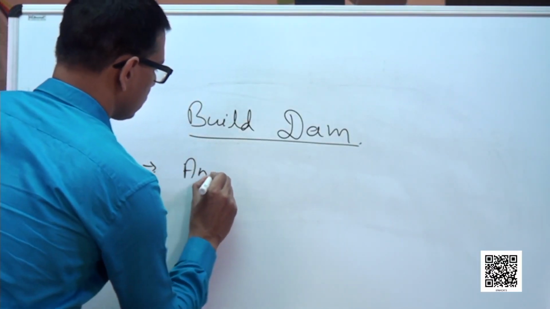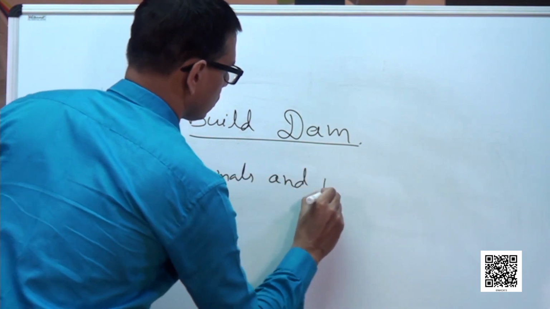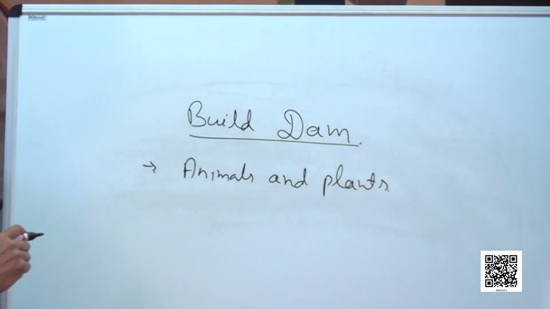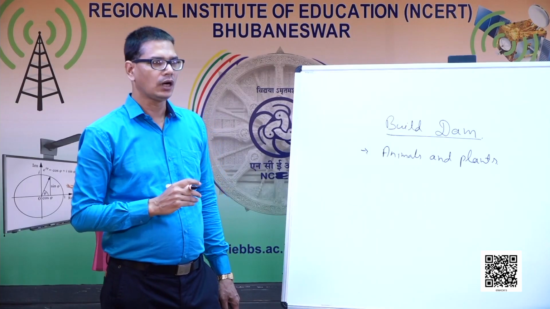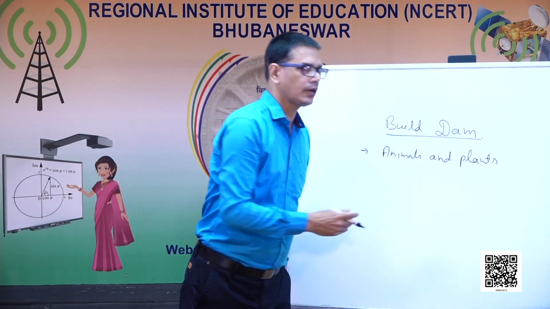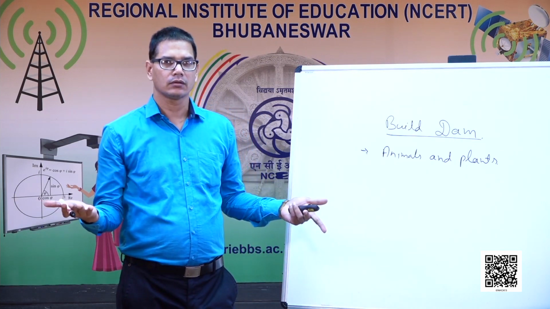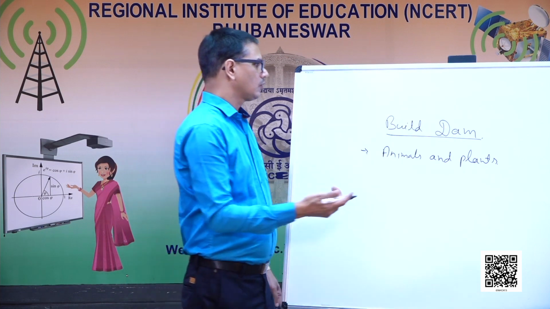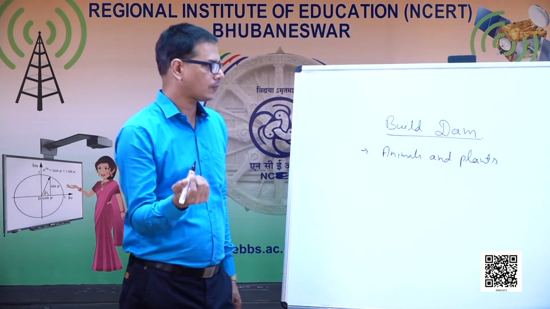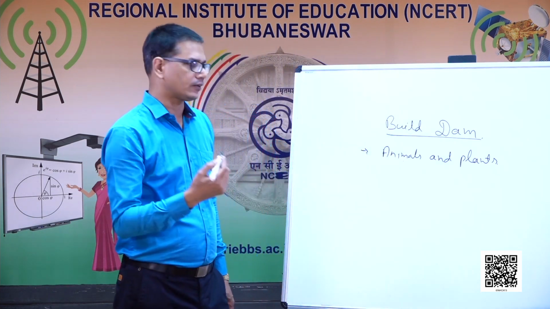Animals and plants are lost because earlier where there were animals and plants, at present there is water. Forests come under water, they are submerged. Wild animals lost their natural habitat.